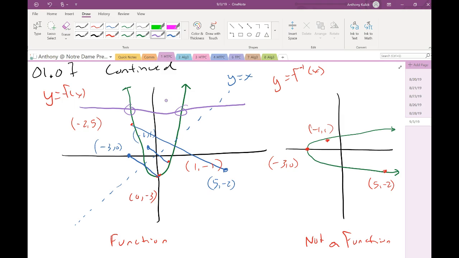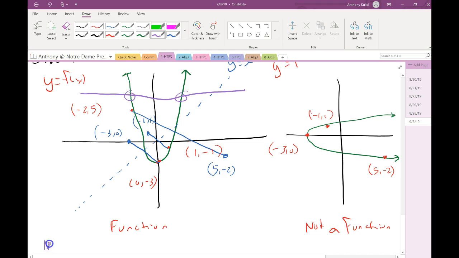They're repeated, so the function cannot be one-to-one. And based on the fact that f of x is not one-to-one, I can say immediately that f inverse is not a function. So again, here we're talking about f of x. Here we're talking about f inverse of x.